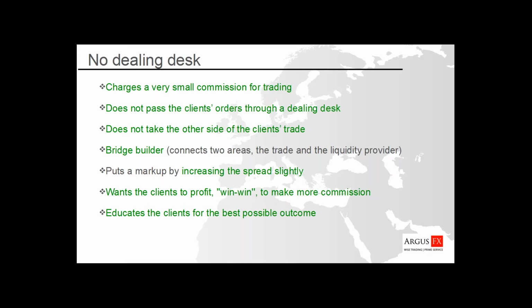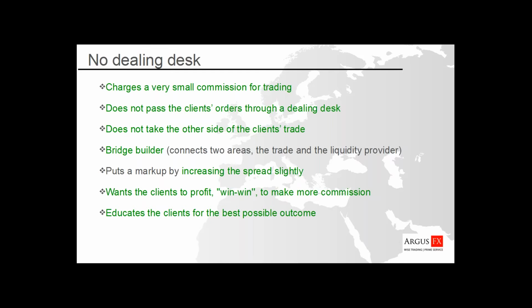But let's see the categorization of the no-dealing desk broker. So at the moment, we have seen the market maker characteristics. Now we're going to see the no-dealing desk characteristics in a breakdown.